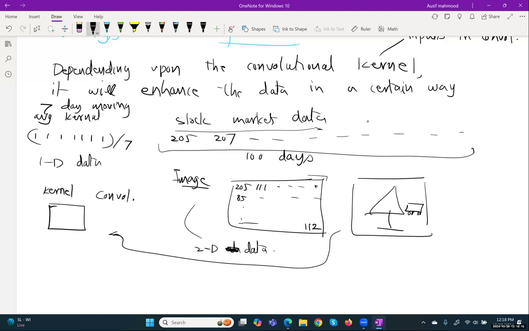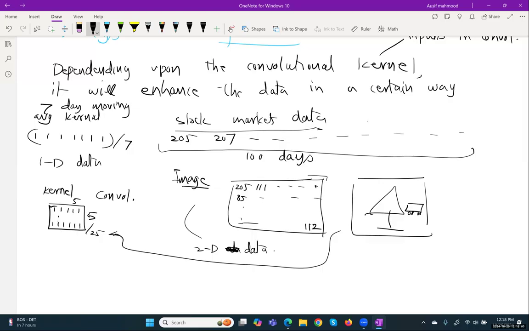So now the kernel will be two-dimensional. Suppose that kernel is all ones over here, divided by, let's say there are 5 by 5, so this is a 5 by 5 kernel. So I'll divide by 25.